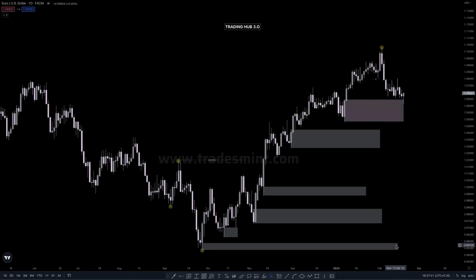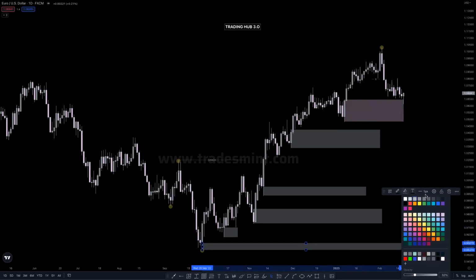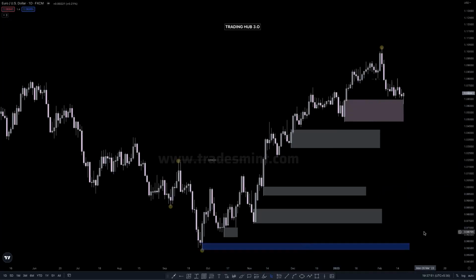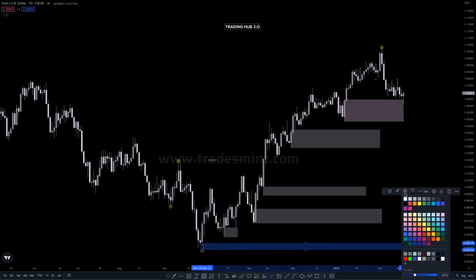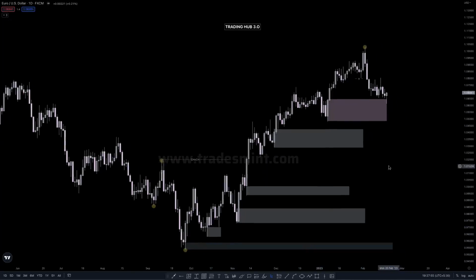The next POI is on the extreme, which one is here? Just between this first POI and the extreme POI, everything is like SMT, right? So we are not buying here, not here, not here, not here. Why? Because these are SMT points.